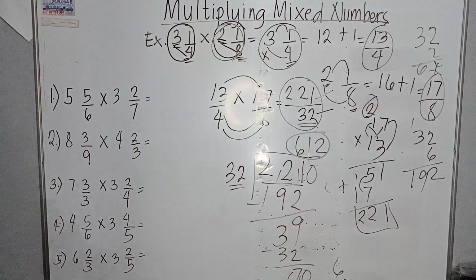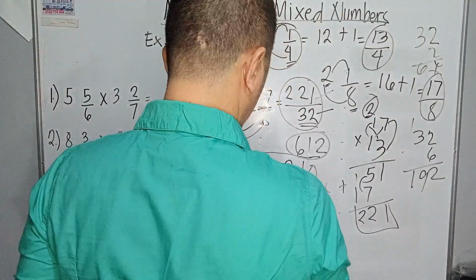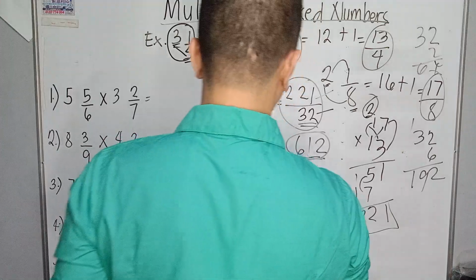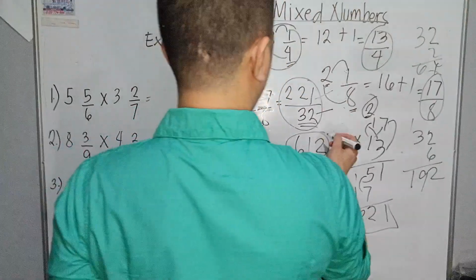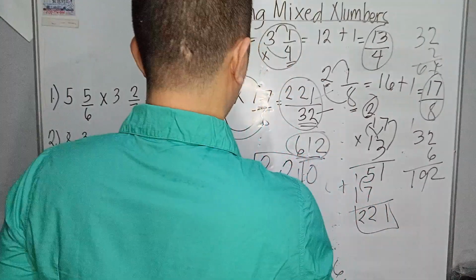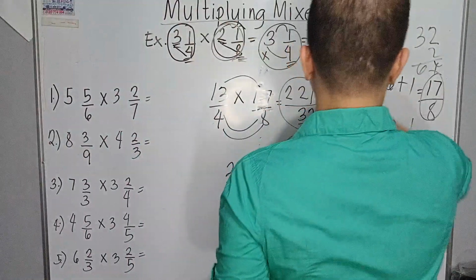Okay, we need to write here 6 and 12. This one, guys, 6 and 12 over 32 for our final answer here.